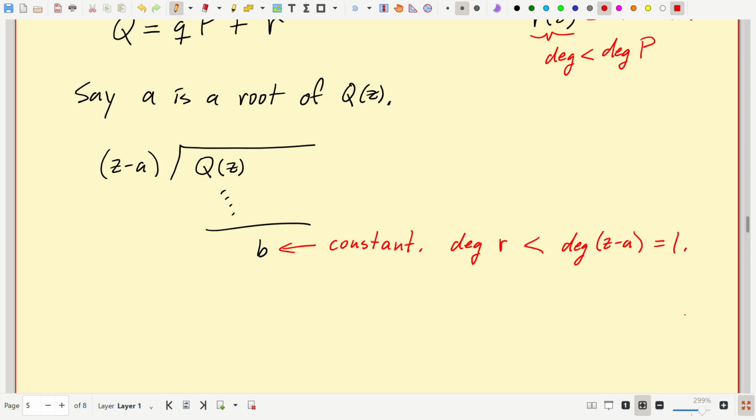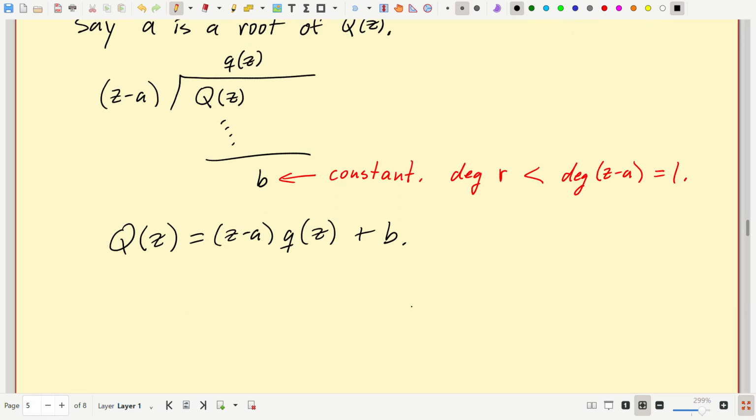Okay, so what does that mean? I'll get a quotient when I do this, little q of Z. This means that Q of Z is equal to Z minus A times my quotient plus B. But I assume that A was a root.